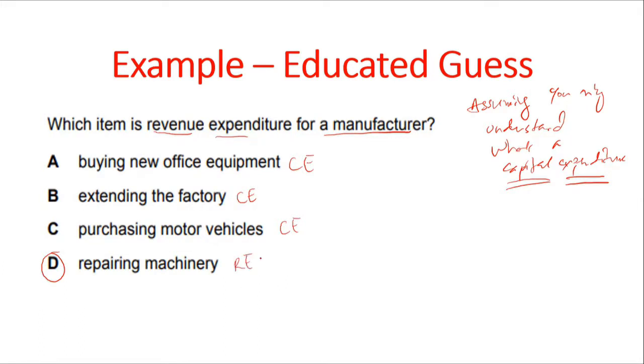This is a revenue expenditure, repairing machinery, which basically takes place at frequent intervals. It could be yearly, it could be monthly. So that is a revenue expenditure. Assuming that you did not know what revenue expenditure is, you still were able to get the correct answer by using educated guess. So this would be an example of educated guess.